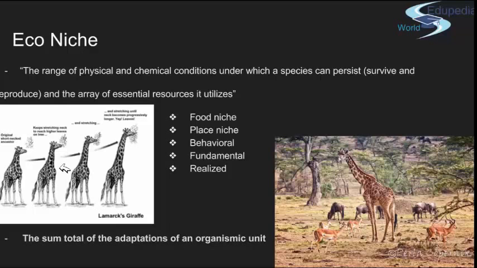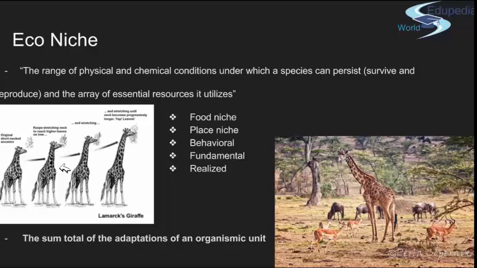Because the idea of niche is as complex as I mentioned, there are different disagreements on what niche represents, a holistic approach and more basic ones. So there are a few types of niches, and as you can see, food, place and behavioral niche and so on.